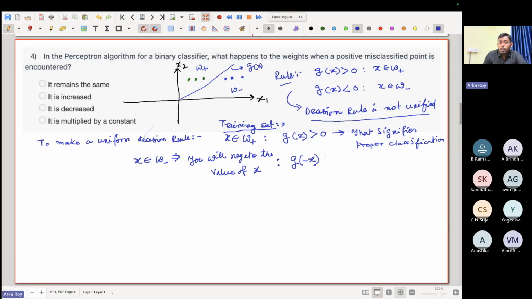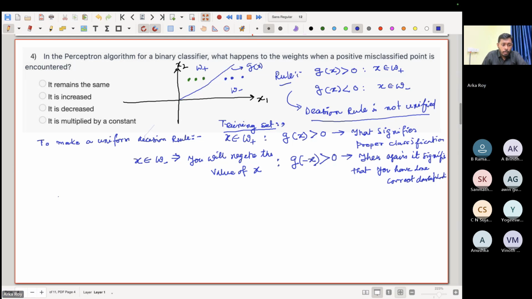And then what you are expecting is that it should give you a greater than 0 condition. If it is greater than 0, then again it signifies that you have done correct classification.